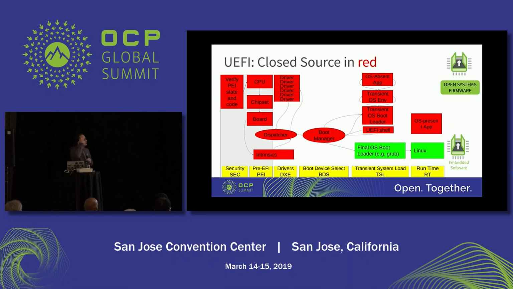So I guess to start with, we can look at the state of the world today. This is kind of what UEFI looks like on most systems, and UEFI is usually your normal x86 firmware. If you look at the two columns on the left, this is CPU initialization, chipset initialization, stuff like that.